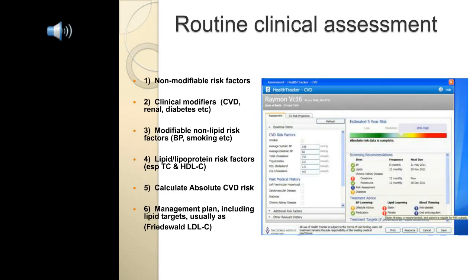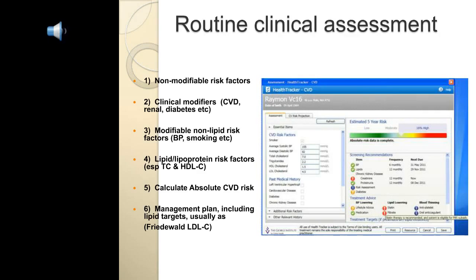First of all, we try to assess the patient's non-modifiable risk factors, their gender, age, maybe ethnicity, etc. Next we try to capture clinical modifiers of their overall situation, things like whether they've got cardiovascular disease, renal disease, diabetes, etc. We then introduce the modifiable risk factors, their blood pressure, whether they're smoking or not, etc.